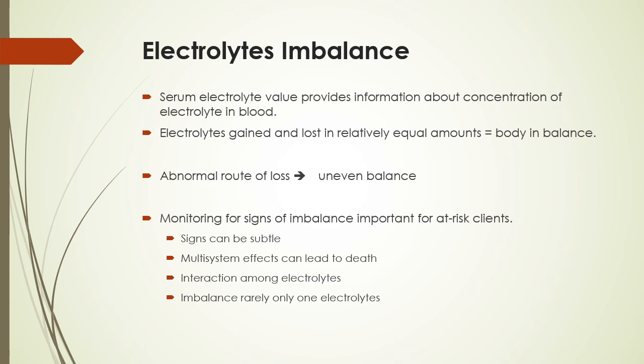They can be the same signs that show up for dozens of different things, like nausea and vomiting, for instance. But multi-system effects can compound themselves, and you end up with a client that dies because we don't catch it soon enough. Electrolytes also interact.